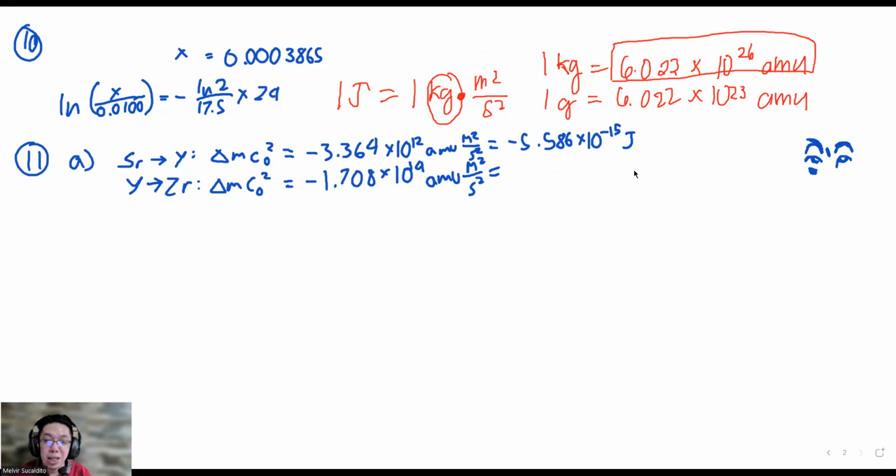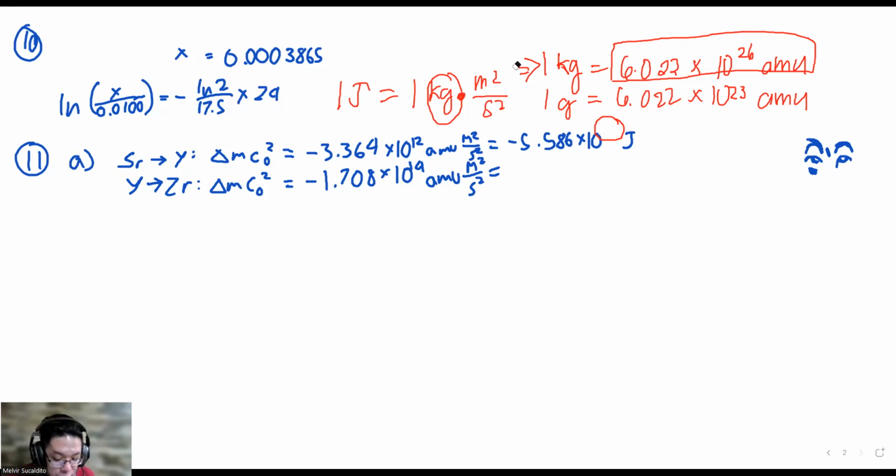Okay, so same value we got, 5.59 times 10. This is where we differ. So please take note, to easily convert amu to kilogram, 1 kilogram equals 6.022 times 10 to the 26 amu. Negative 15, correct.